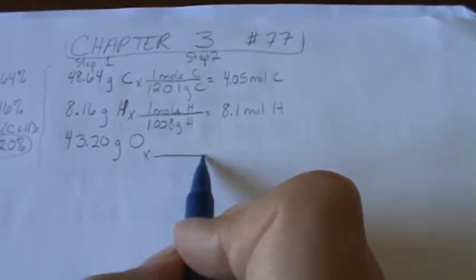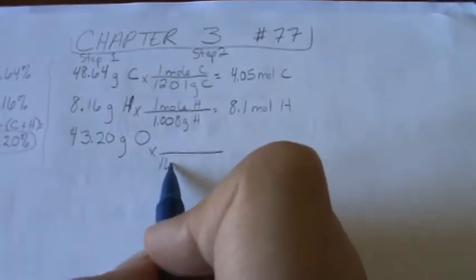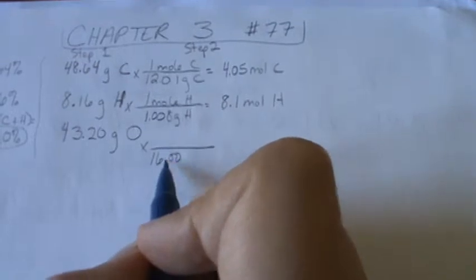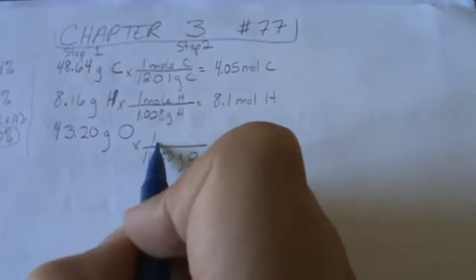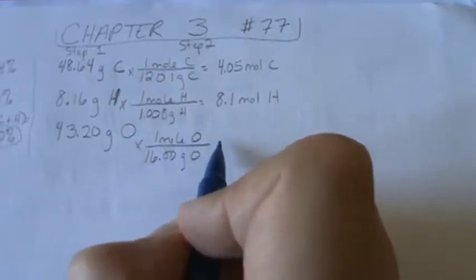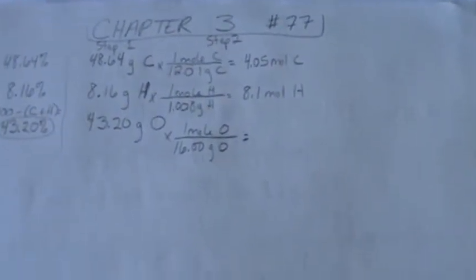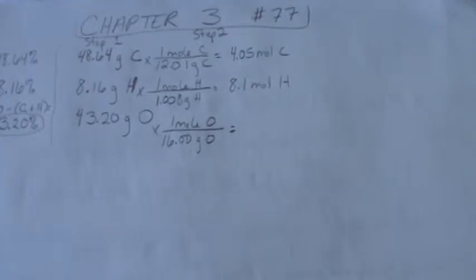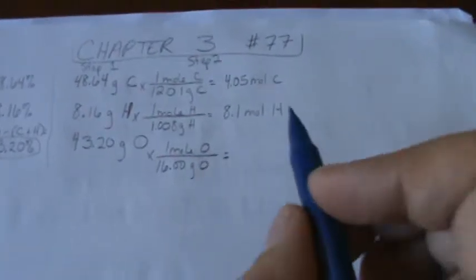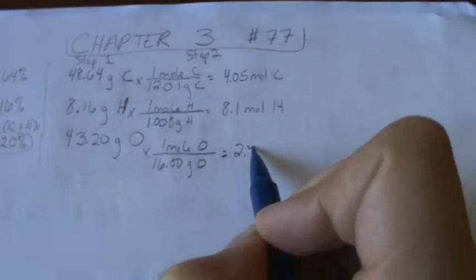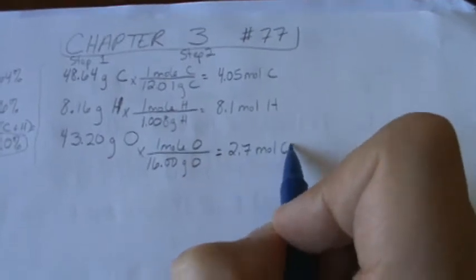And now we figure this out for oxygen, and oxygen is 16.00 grams per mole. If you're using a different periodic table, that's fine. 43.2 divided by 16 means that we have 2.7 moles of oxygen.